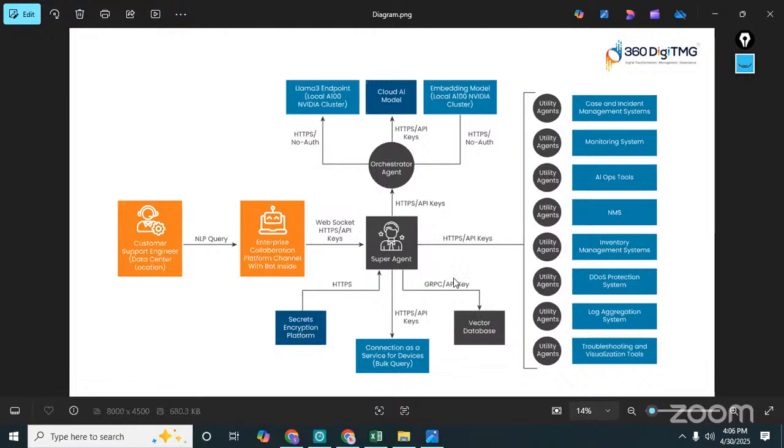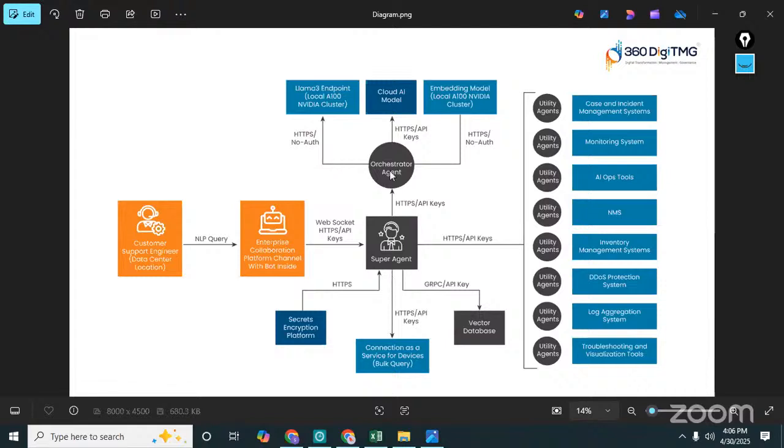It will also connect with the vector database in order to store pre-computed embeddings, any logs, or any historical incidents to support semantic search or retrieval-based reasoning. Connection as a service for devices is basically for all the bulk queries to edge or on-premise devices to pull system state or metrics in real time. That's why we need this connection.